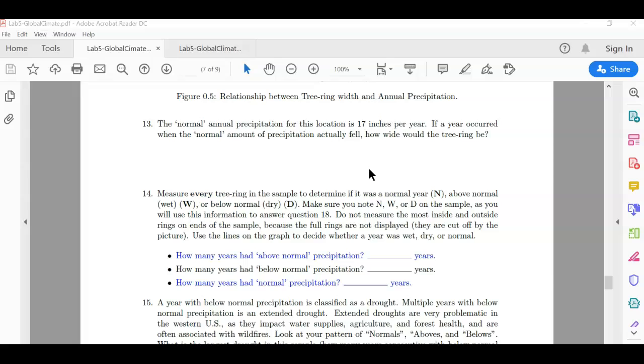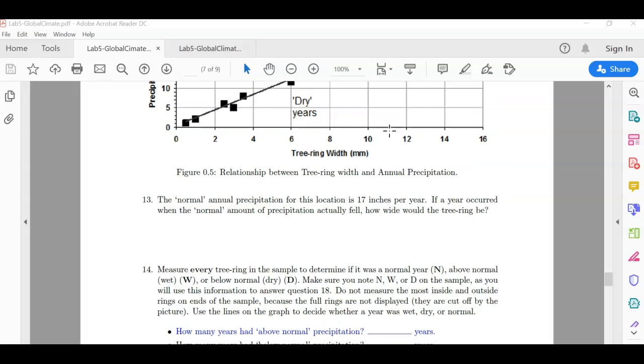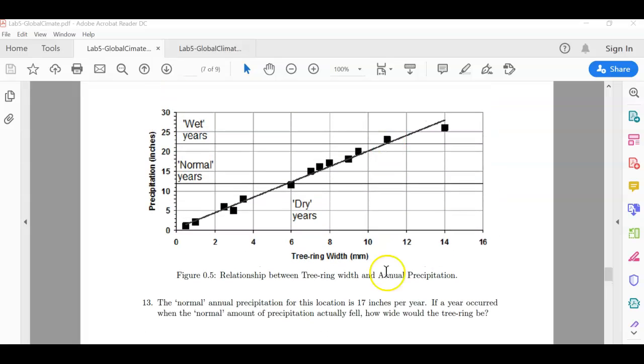So question 13. The normal annual precipitation for this location is 17 inches per year. If a year occurred when the normal amount of precipitation actually fell, how wide would the tree ring be? So basically you answer this based on the graph that you have above. And you say, okay, 17 inches per year is the normal amount, right?